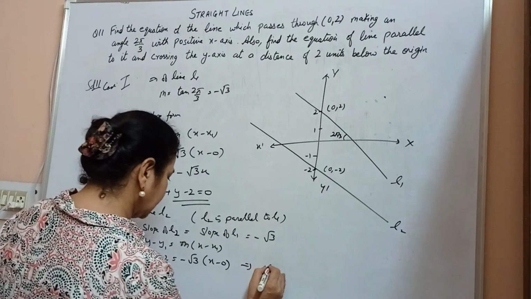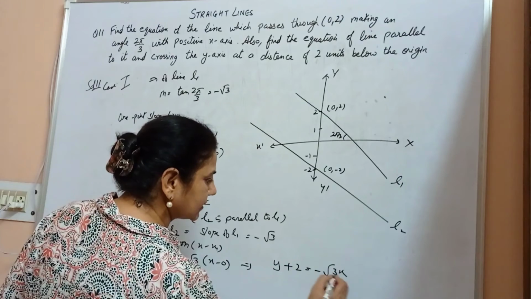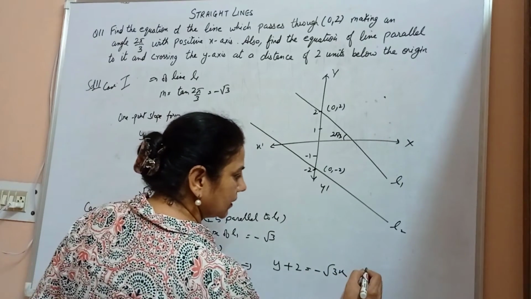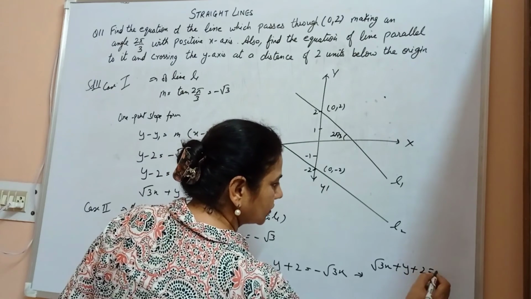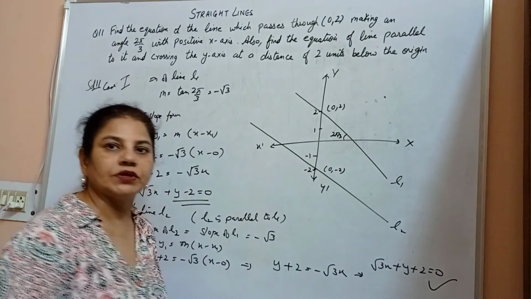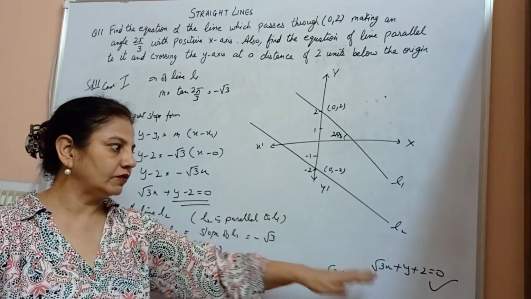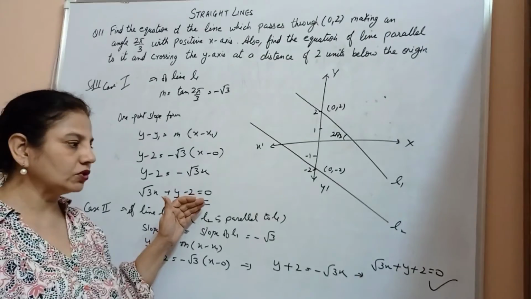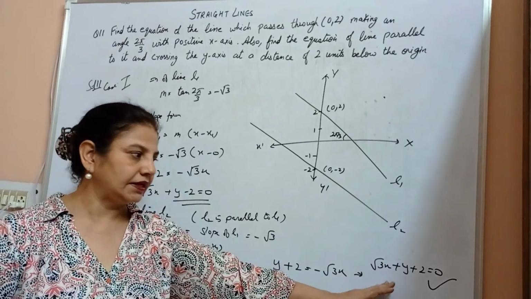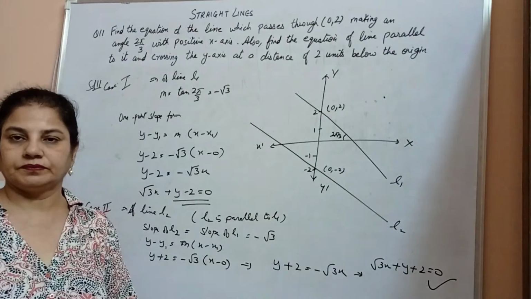This implies that y plus 2 is equal to minus root 3x, or you can say that root 3x plus y plus 2 is equal to 0 is the required equation of the line which is parallel to the line L1. So we have two lines. One is root 3x plus y minus 2 equal to 0, and the other line parallel to this line is root 3x plus y plus 2 is equal to 0.